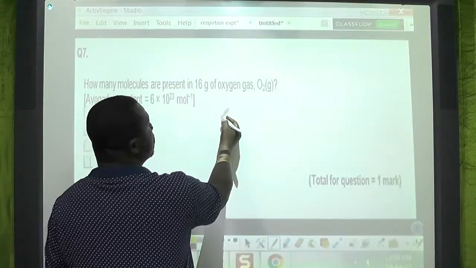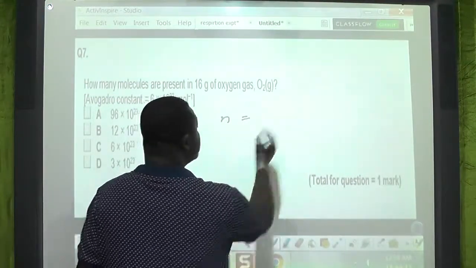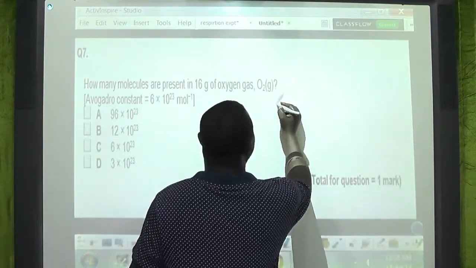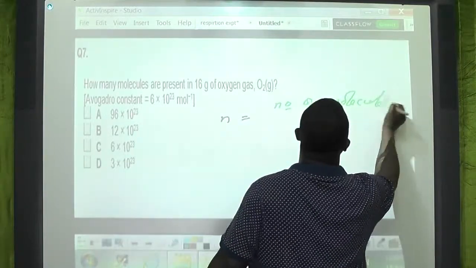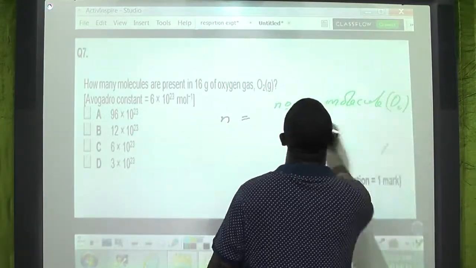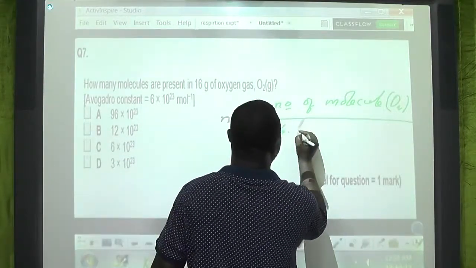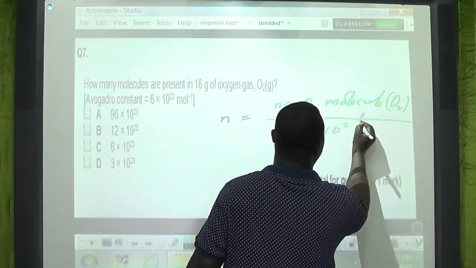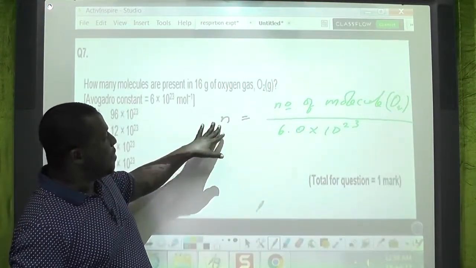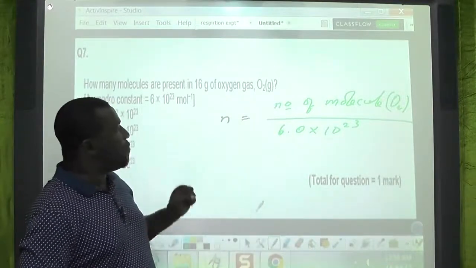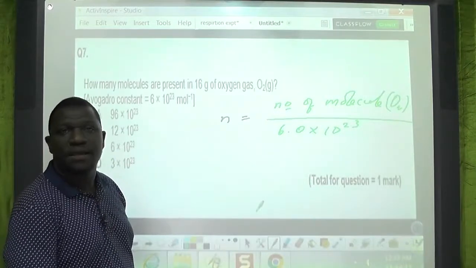This gram of oxygen, we know, N is equal to number of molecules, which is O2, divided by Avogadro's number, this time 6.0 times 10 raised to the power 23. You have to look at what you are given. Maybe 6.02, maybe 6.0. So now, if I'm looking for number of molecules and I need N, I can use 16 grams to find my N.